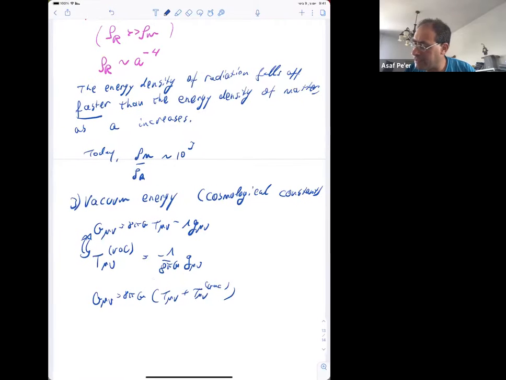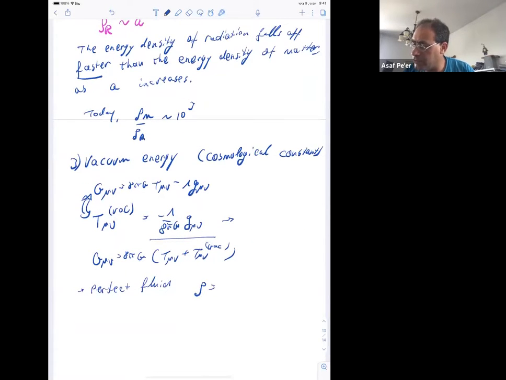So this looks exactly like a perfect fluid, but with rho equal to minus P, equal to lambda over 8 pi G. So what is omega in this case?